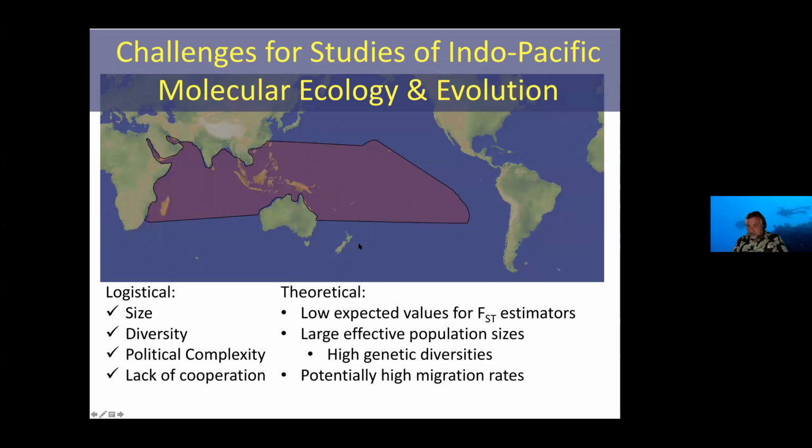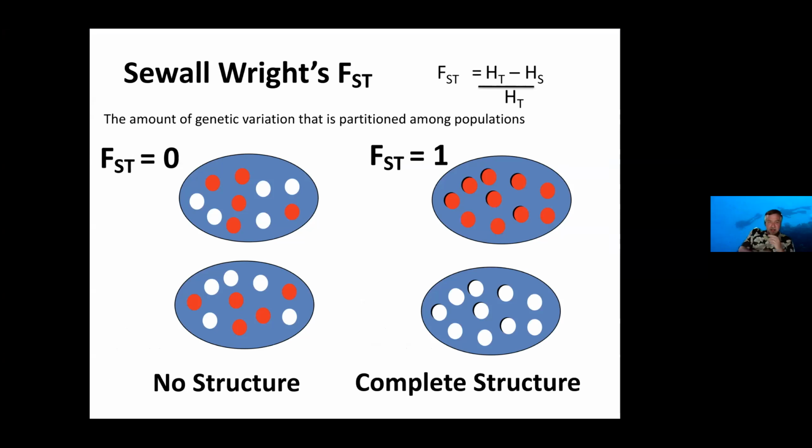Okay, can everybody see that? All right, so now we're going to talk some science, FST and other things. Just to start, very basic. Sewall Wright wrote that FST is the standard population genetic way of defining population differentiation.